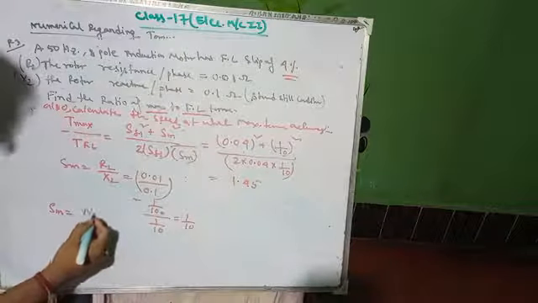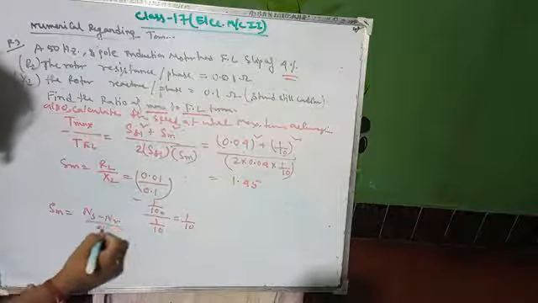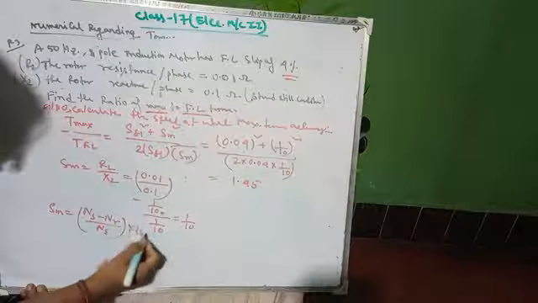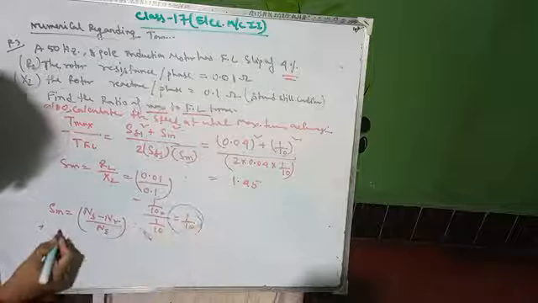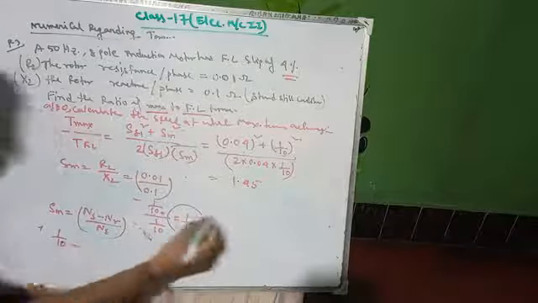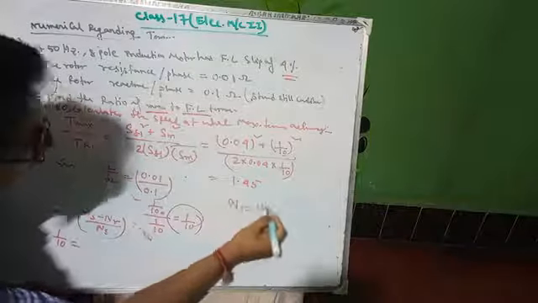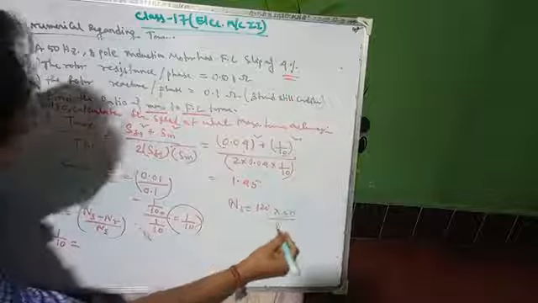Sm equals (Ns minus Nr) by Ns into 100, right? No need to put 100 over here because Sm is given as a per unit value, 1 by 10. And Ns you should calculate first, 120 Fs by P, right?